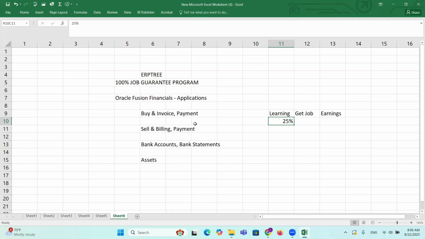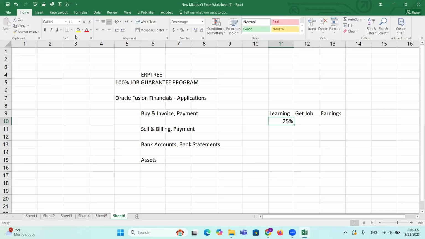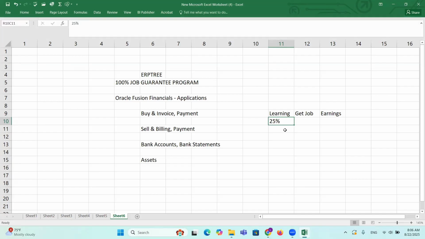If you are going to get a job with some sort of experience, this 25% learning will make you fail. Most of the people learn 25% and apply for jobs where 100% learning is required.